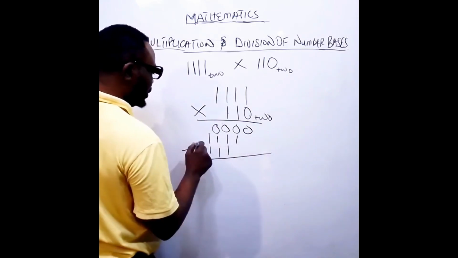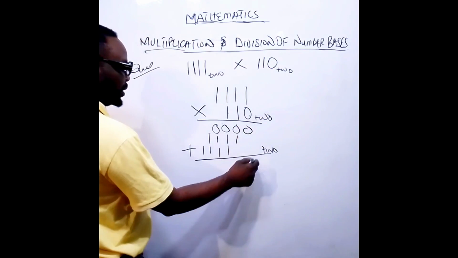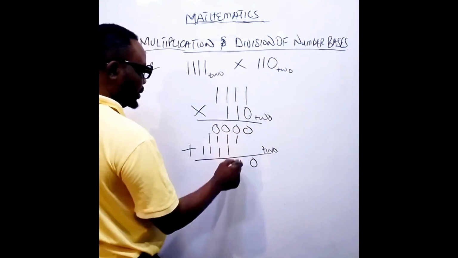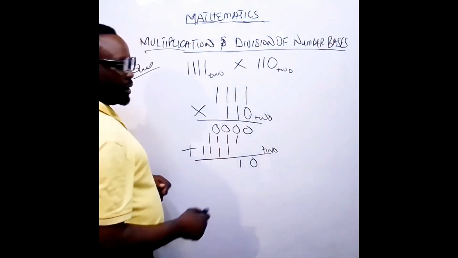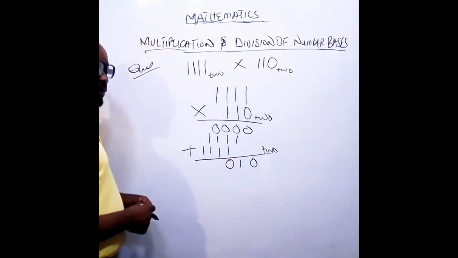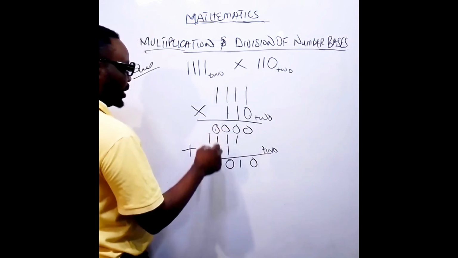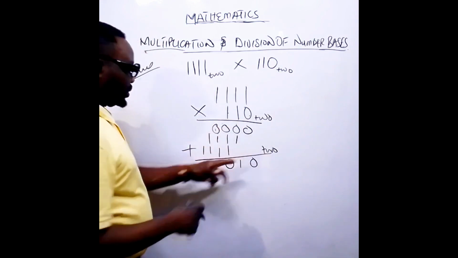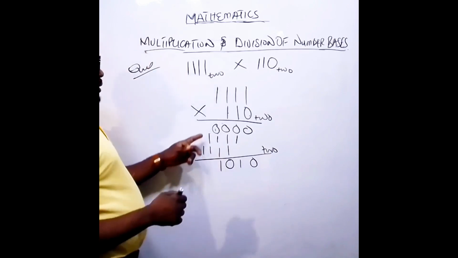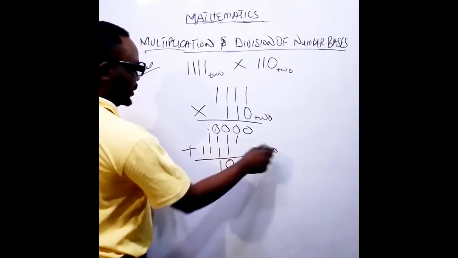So we are going to add everything together in base 2 as well. We're going to have 0, 1. Now, 1 plus 1 is 2. 2 minus 2 will be equal to 0. How many 2 did I remove? 1. 1 plus 1 plus 1 will be 3. 3 minus 2 is 1. How many 2 do I remove? 1. 1 plus 1 plus 1 is 3. 3 minus 2 is 1.